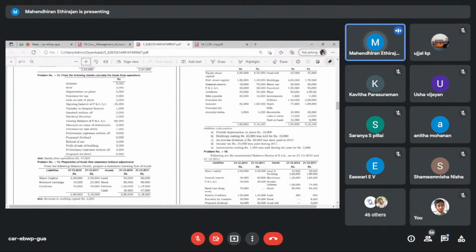See, in the adjusted P&L account, you know that some items appear on the debit side and credit side.